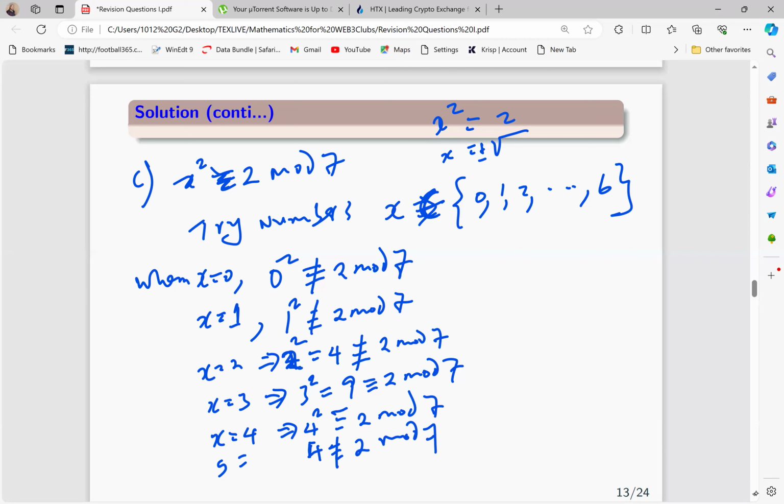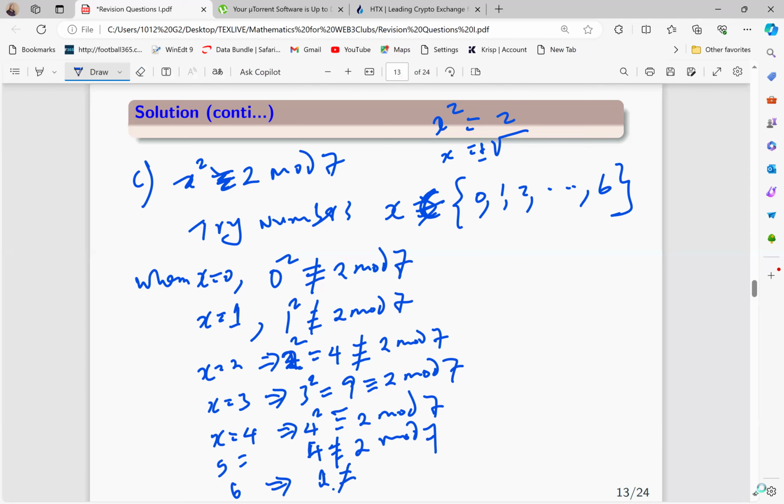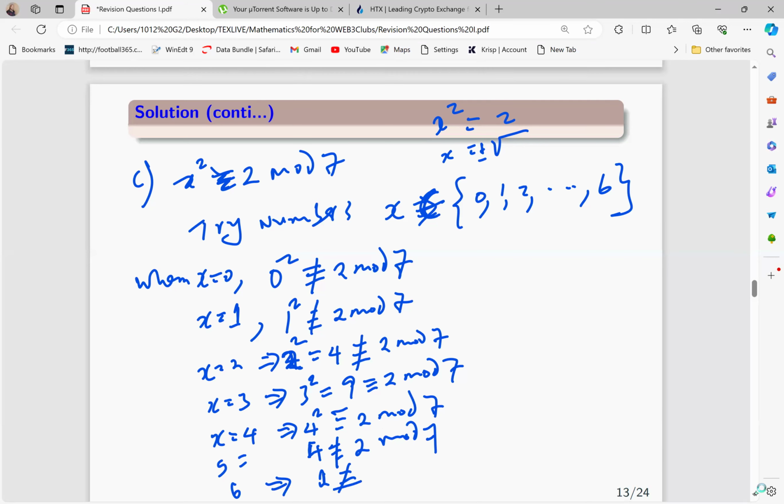And we want to test the last one, which is 6. 6 squared will be 36, which is 1. Is that okay? 36 is the same as 1 mod 7, because 7 will go there 5 times and the remainder will be 1. Is that okay? This is not congruent to 2 mod 7.